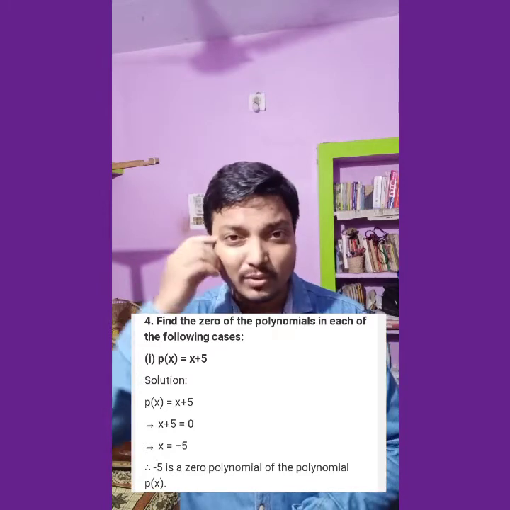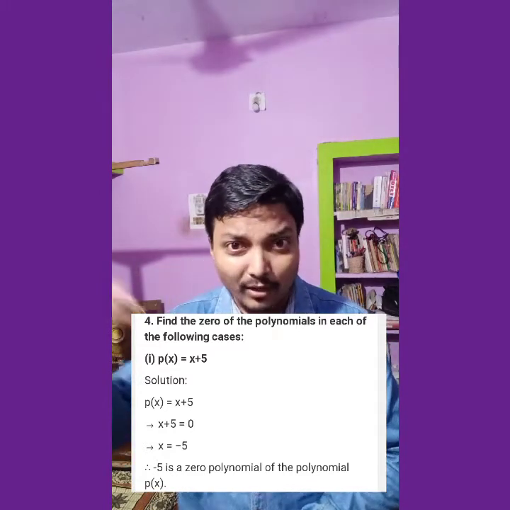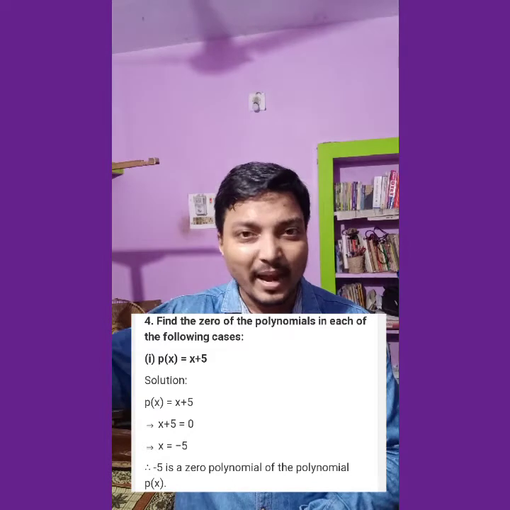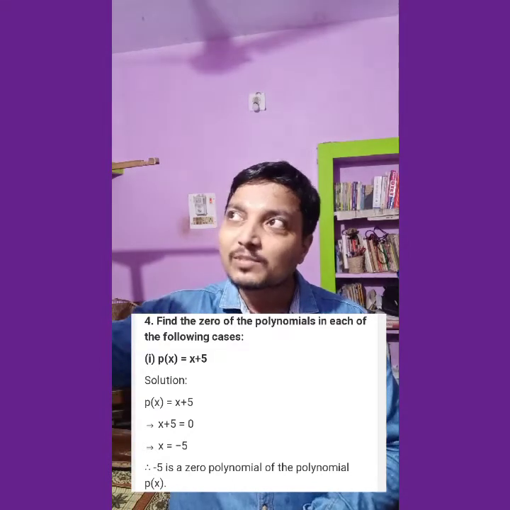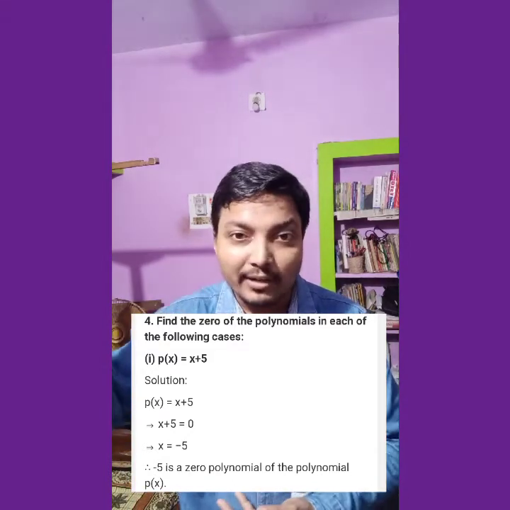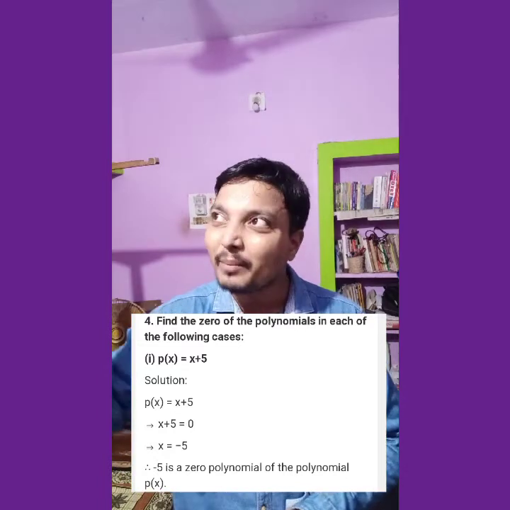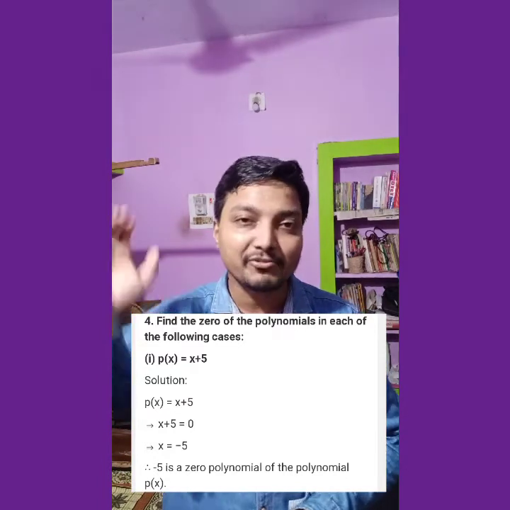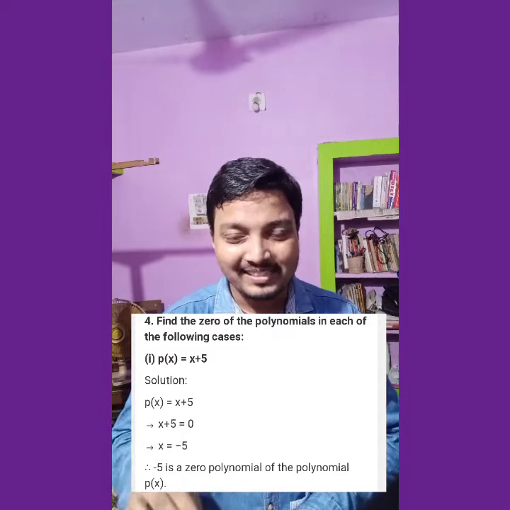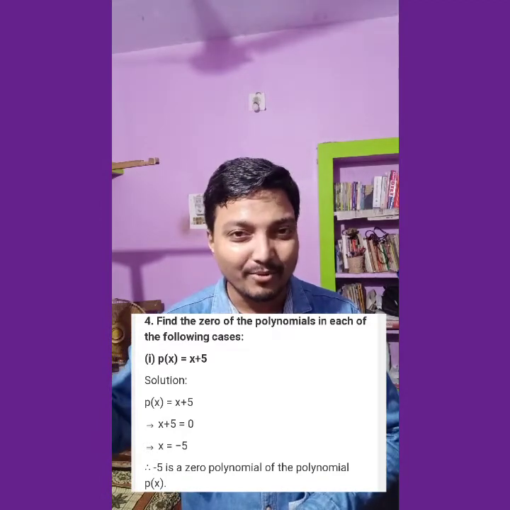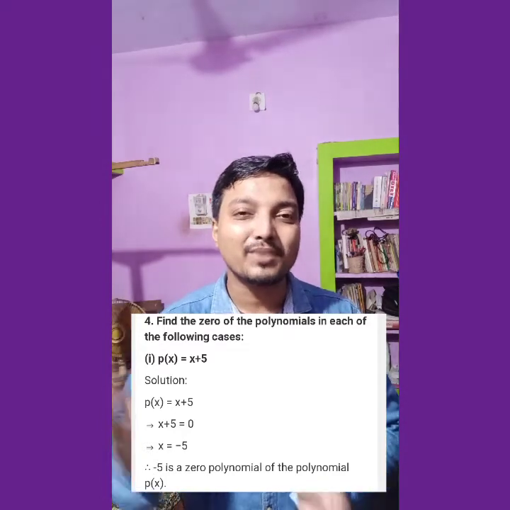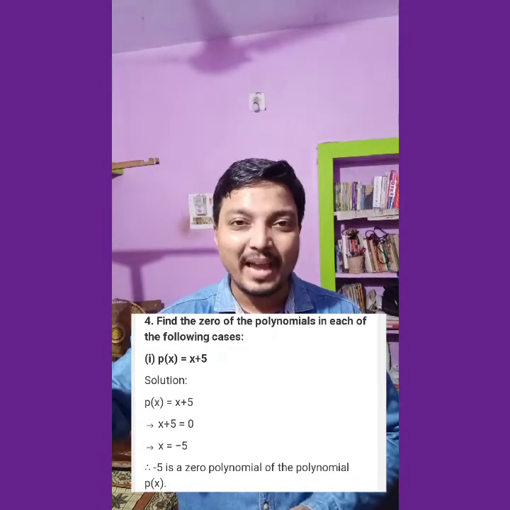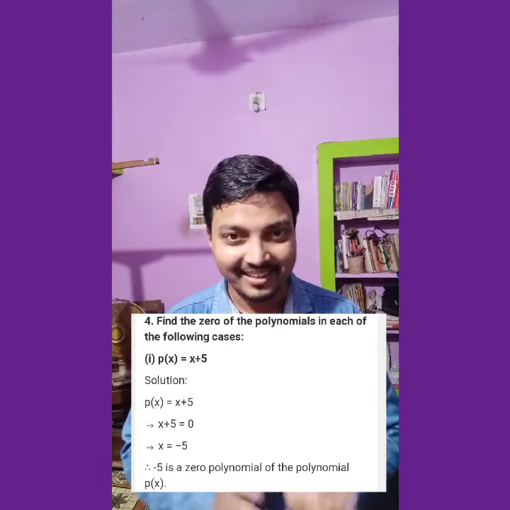So P of x is equal to 0, which means x plus 5 is equal to 0. Now it is a linear equation in one variable. Solve it. On solving, we get x is equal to minus 5. The value of x we get is the 0 of the polynomial. So minus 5 is the 0 of the polynomial. Ready?